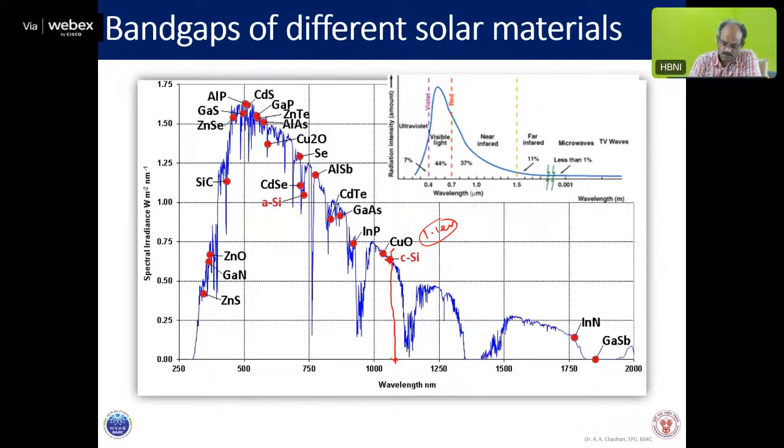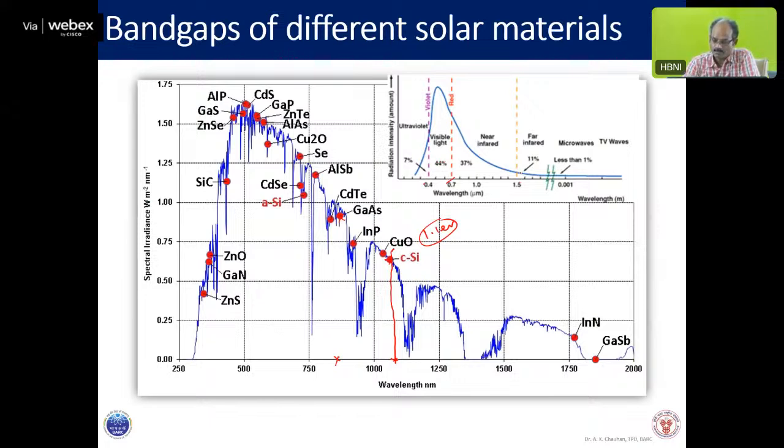So for gallium arsenide, the entire spectrum above 770 will be absorbed. If we see here, visible light up to 0.4 constitutes nearly 44% of the total sunlight.